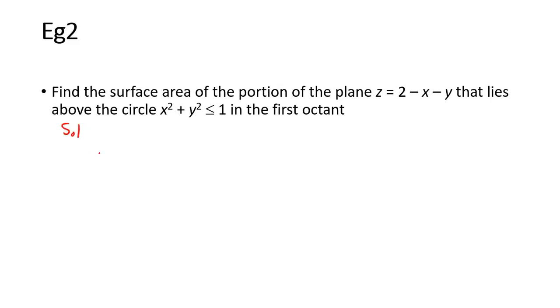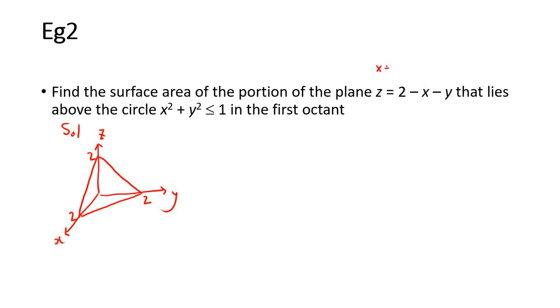Solution, if we go to sketch, now this is 2, this is 2, this is 2. This is the x, this is y, this is z. When you let x and y be 0, z is 2.